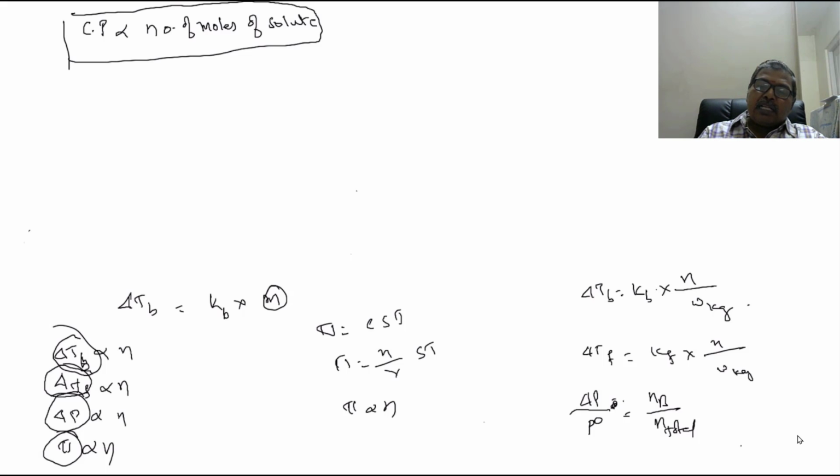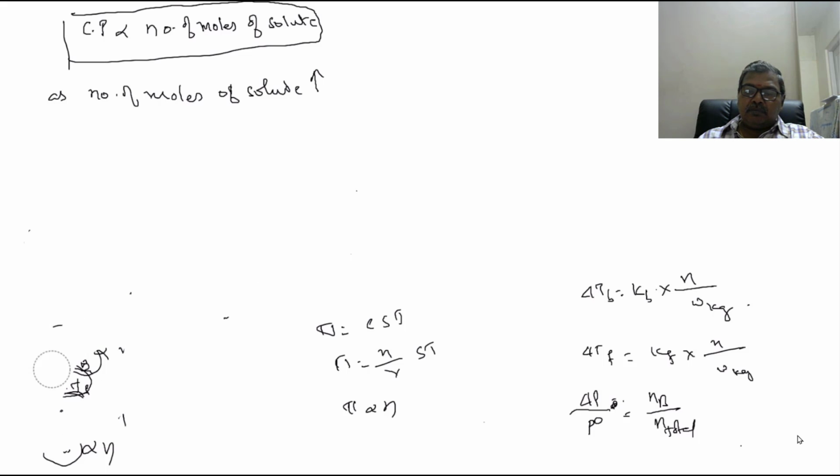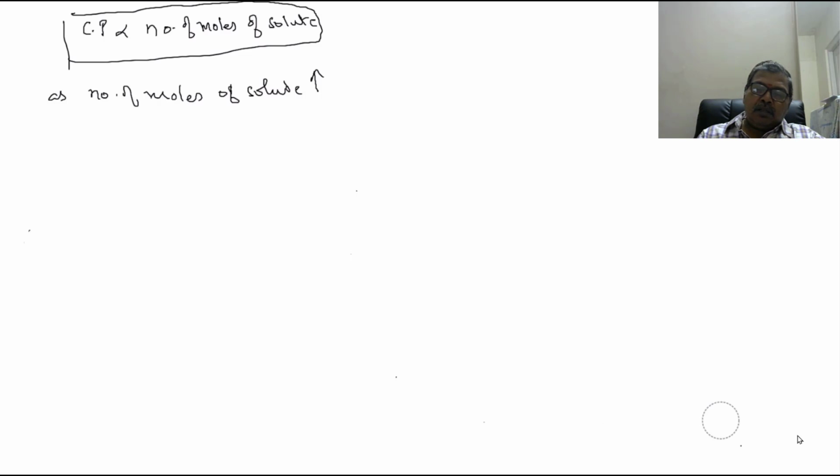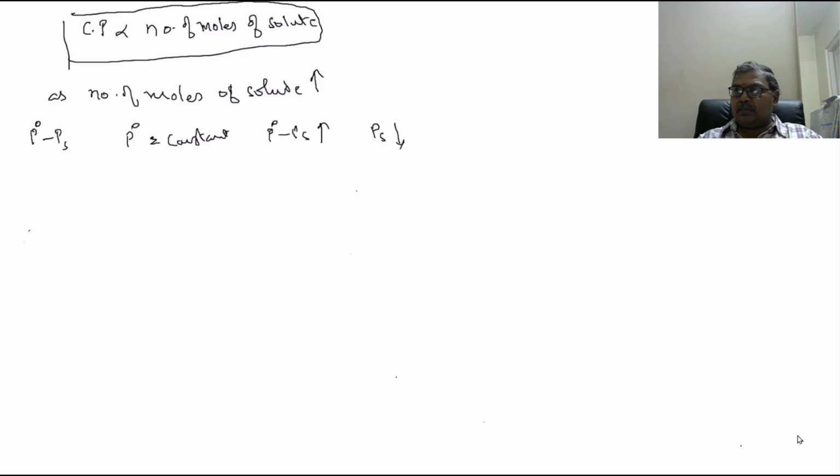So see, as the number of moles of solute increases, this is a very important part for multiple choice questions. P0 minus Ps increases. P0 is constant, but P0 minus Ps is increasing, which means that Ps decreases.